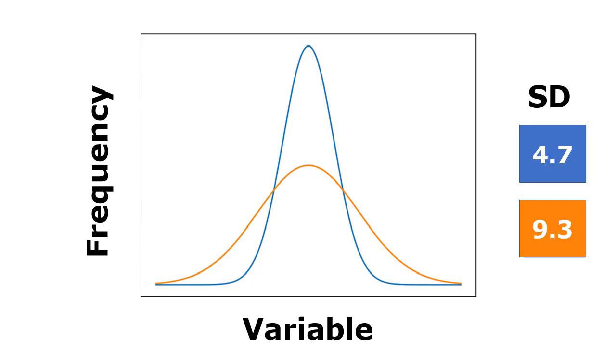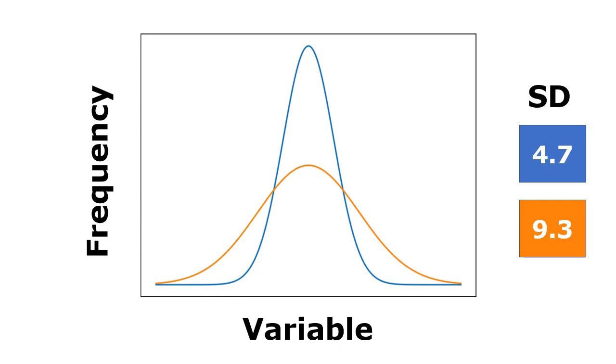Again, the variable is on the x-axis and frequency is on the y-axis. If you had a larger standard deviation, in this case going up to 9.3, you would see a different shape to that curve. Now, this is exaggerated, and the peaks would be in different locations, but it shows you that standard deviation does control the shape of a distribution.